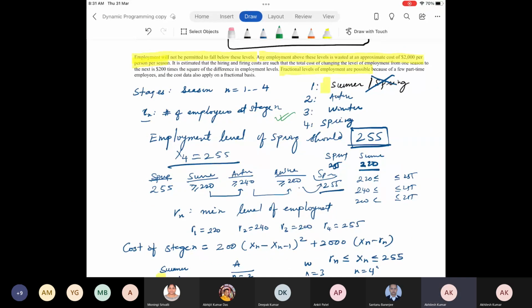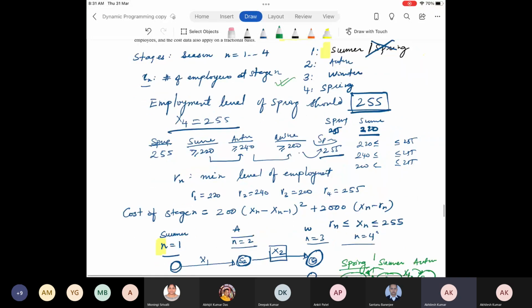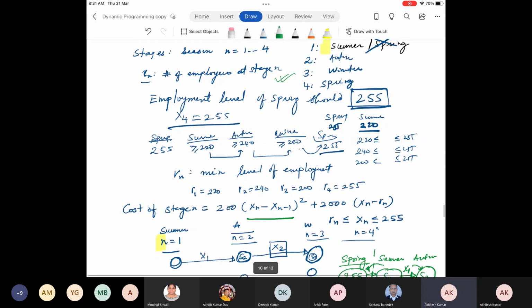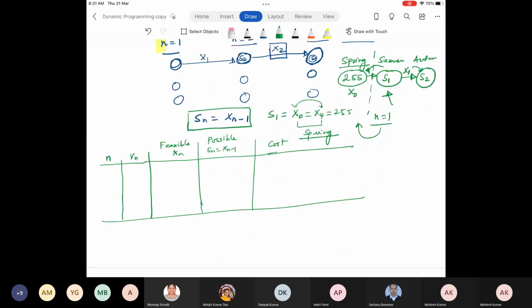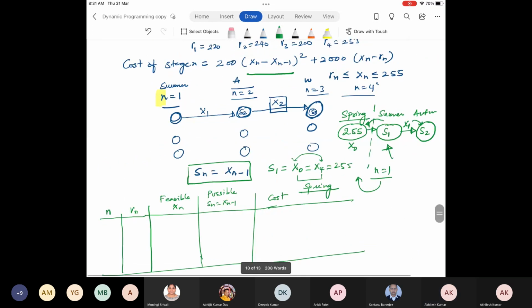Yes, because if you look at the cost, what you are doing is xn minus xn minus 1. So it is not about addition or whether you have hired or fired. It is about what is your total employment level at the end of the summer, and what is your total employment level at the end of the autumn. Okay, so then will it not be equal to that particular stage? No.